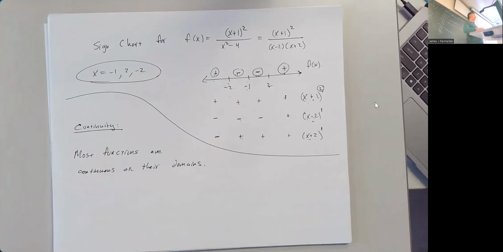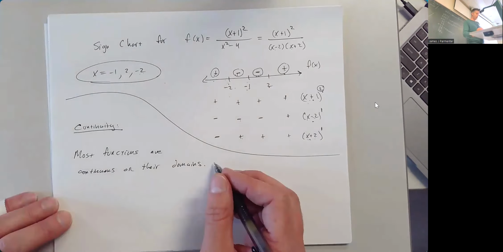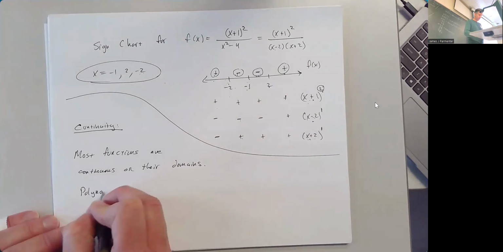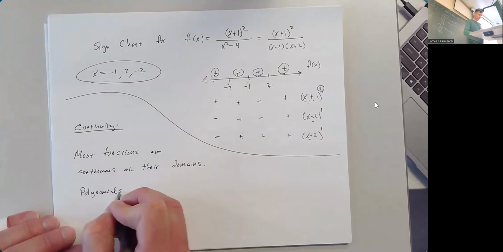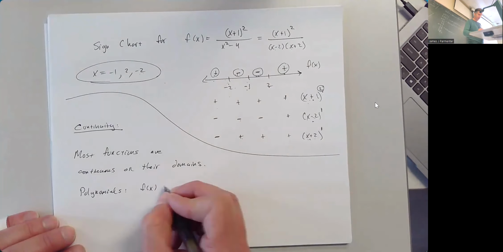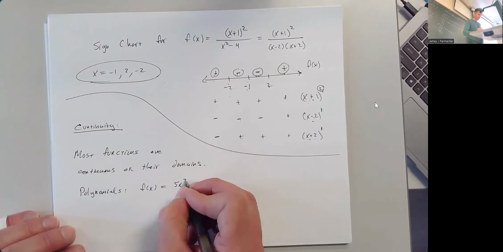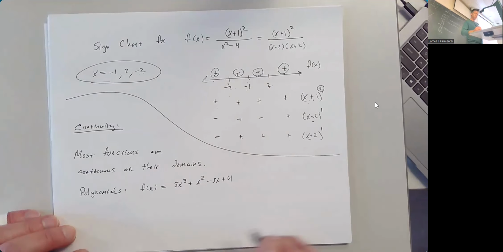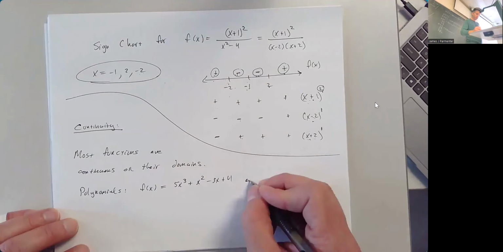In fact, a lot of the typical functions you might be aware of are continuous either everywhere or on their domains. A few things in this list are polynomials, things like f of x equal to 5x cubed plus x squared minus 3x plus 4. Those are continuous everywhere because their domain is everything.